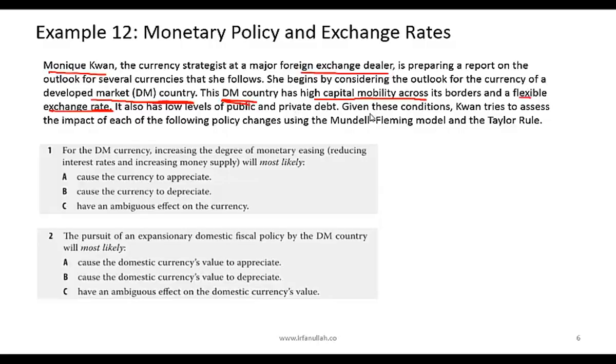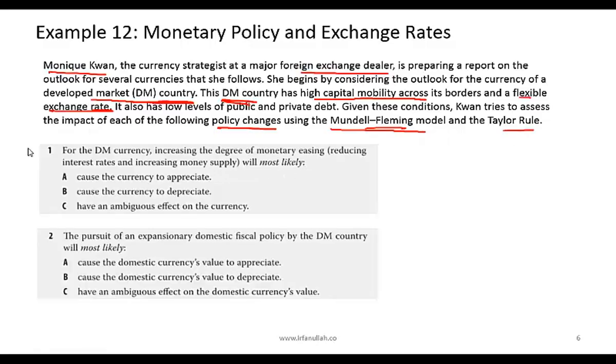Given these conditions, Kwan tries to assess the impact of each of the following policy changes using the Mundell-Fleming model and the Taylor rule. And we are going to talk about both these models over the next few questions.